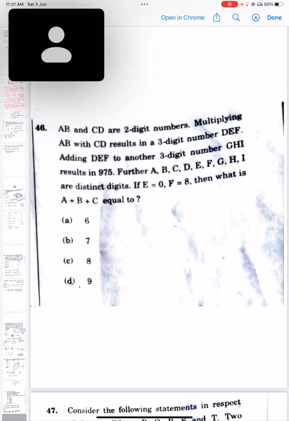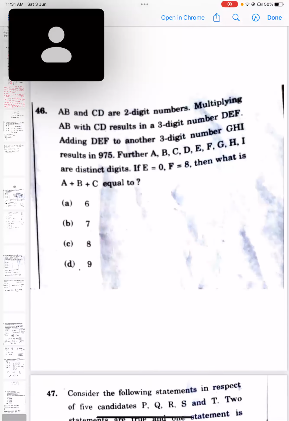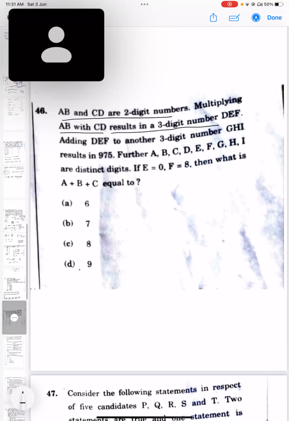So, question number 46 says AB and CD are two-digit numbers. Multiplying AB with CD results in a three-digit number DEF. So let us write all the information that we have.